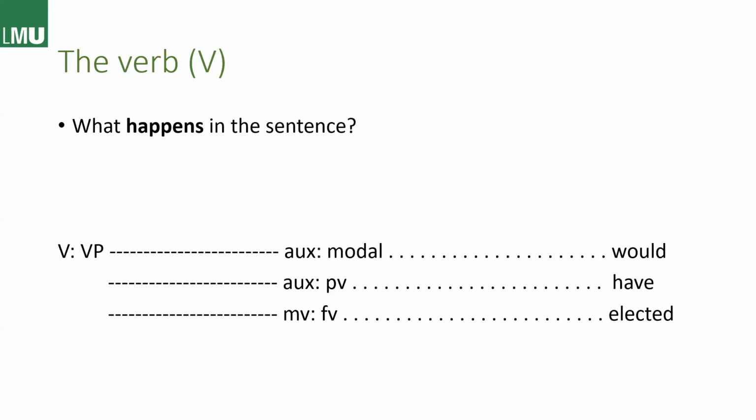And in this case, we have a rather complicated verb phrase with several auxiliary verbs, which is possible, but you can only have one main verb. So we have would, the modal, as an auxiliary verb. We have have as a primary verb in an auxiliary function. And then we've got elected as our main verb, which is a full verb.